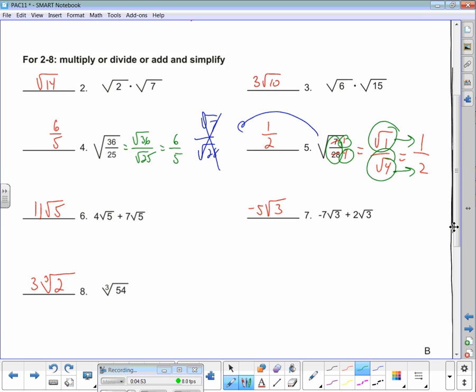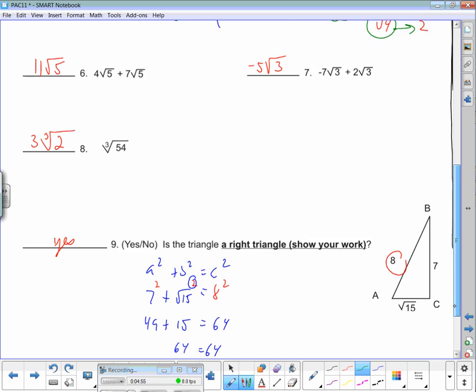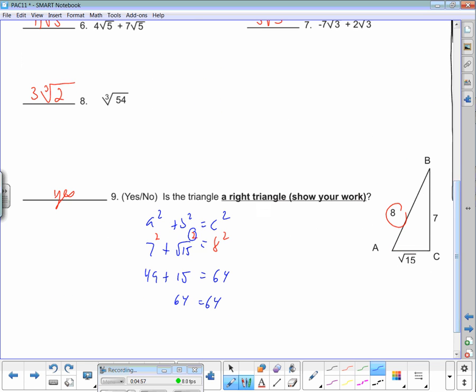Number 8. All right, remember, guys, be careful. The index tells you what kind of root it is. So you're looking for, Gabe, what times itself 3 times. And the way we simplify all our radicals is to factor the radicand. So I don't know how you do a 54. Maybe you do 2 times 27.